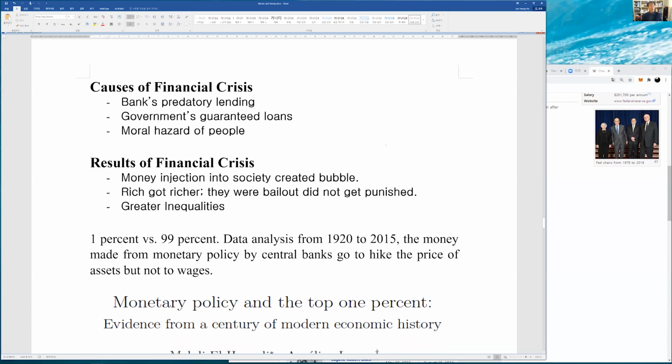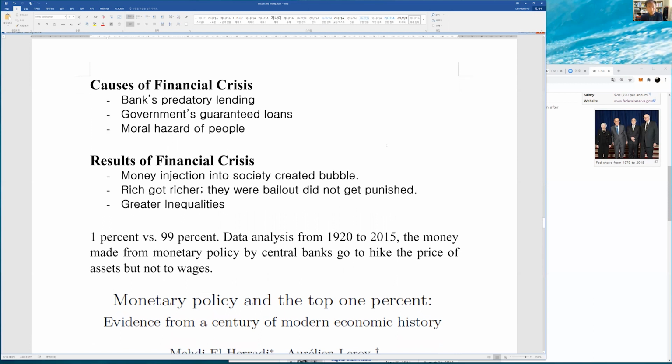So that was what happened, and then we can think about the causes of the financial crisis in short phrases, so that we can sum them up quickly. So first, there were investment banks' predatory lending.